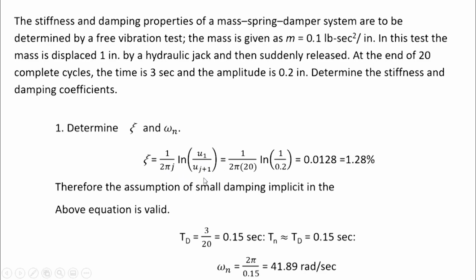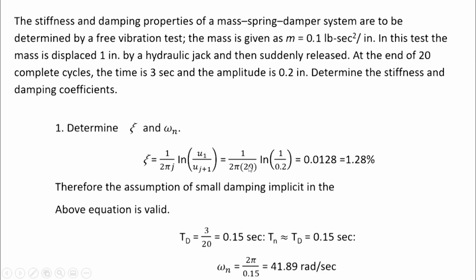So this is the logarithmic decrement, and the damping ratio zeta can be calculated as 1 by 2 pi times the logarithmic decrement, and this is valid when the damping ratio is very small. If the damping ratio is very high, we have to consider the square root of 1 minus zeta squared term as well. But if the damping ratio is small, we can calculate it like this.